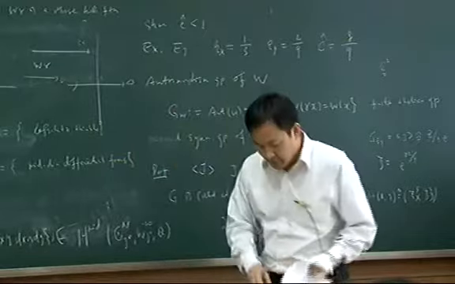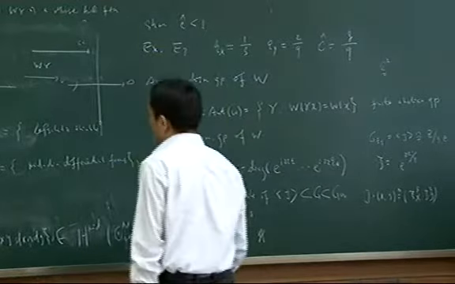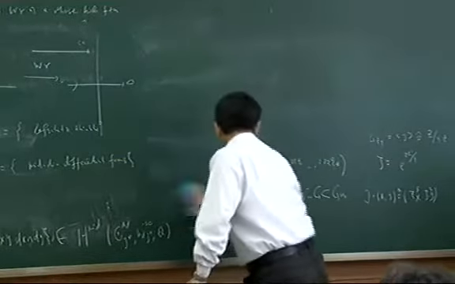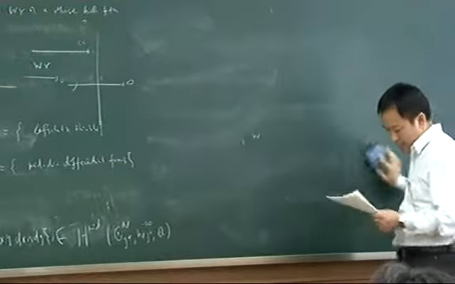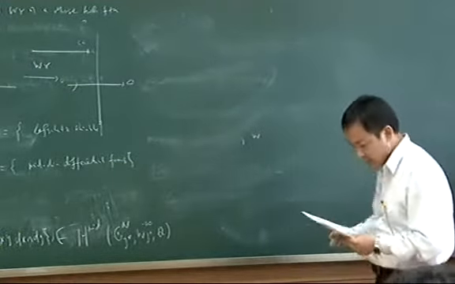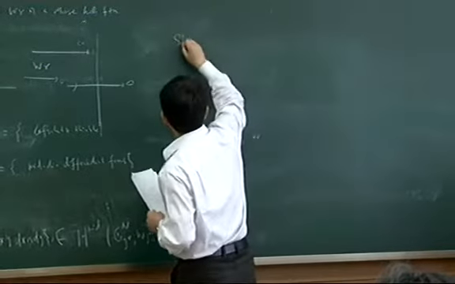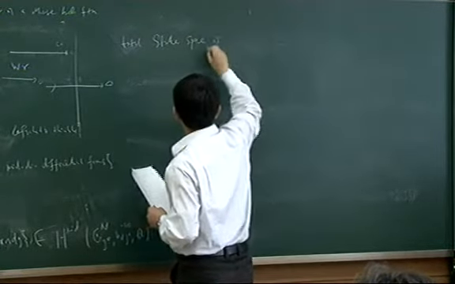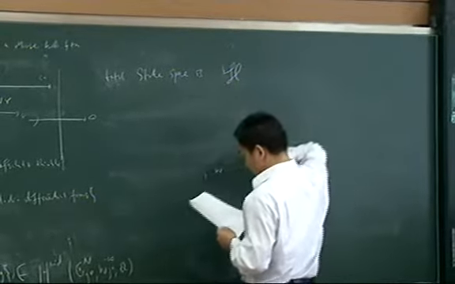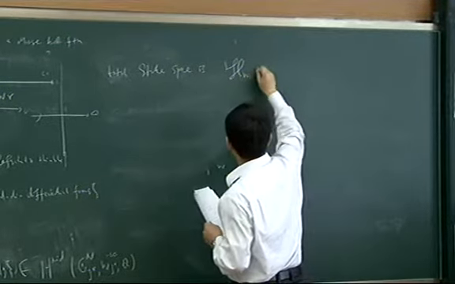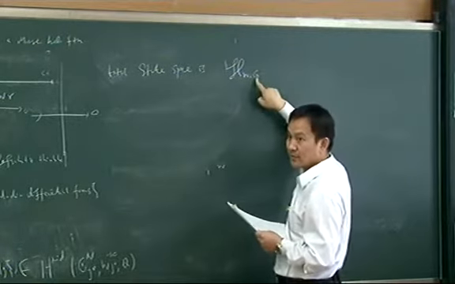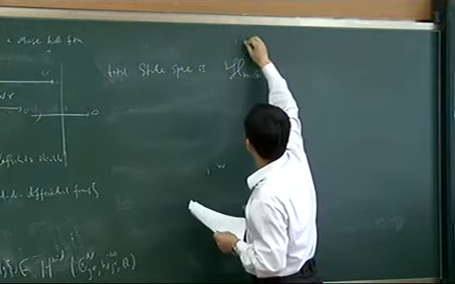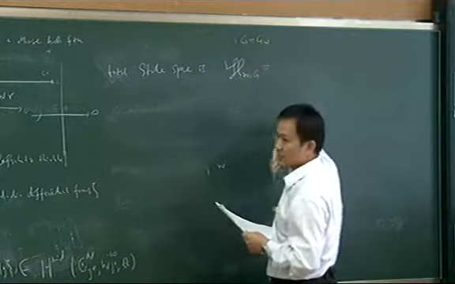So the total state space is H of W, G. Actually, this is related to the admissible group. But in most cases, we can take G equal to the maximal symmetry group, G_W.